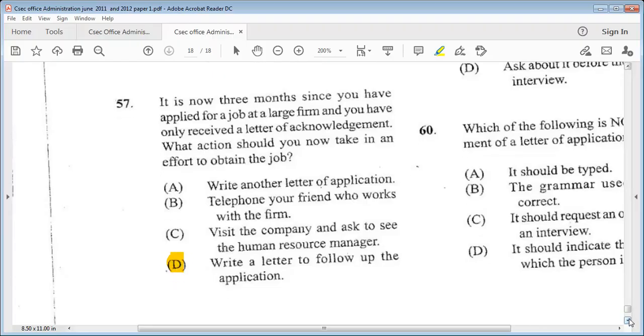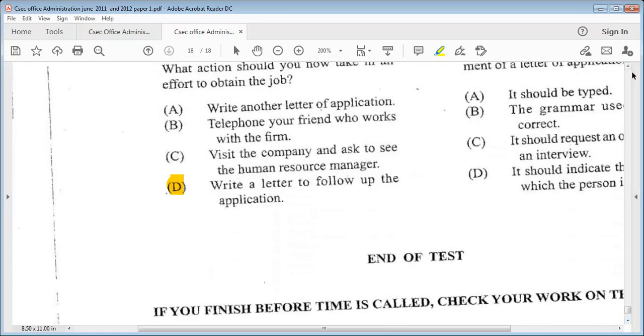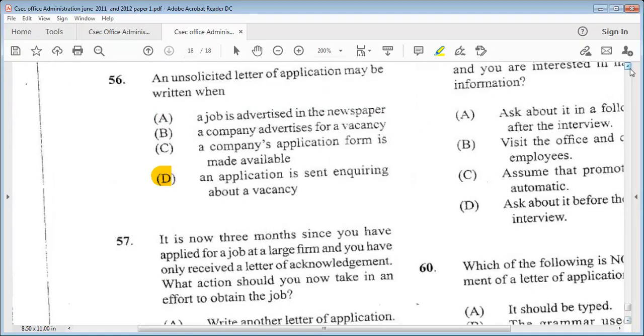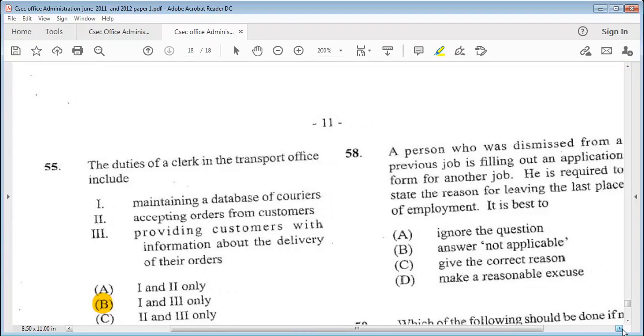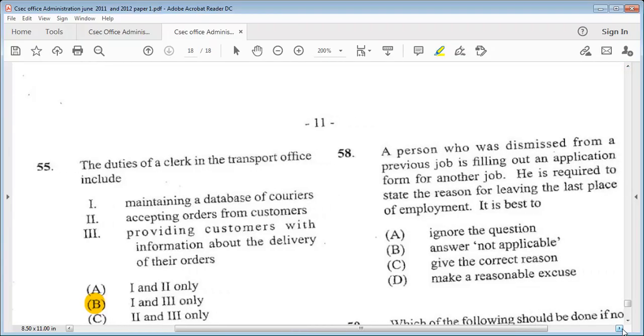Let's move on to 58. Says, a person who was dismissed from a previous job is filling out an application form for another job.